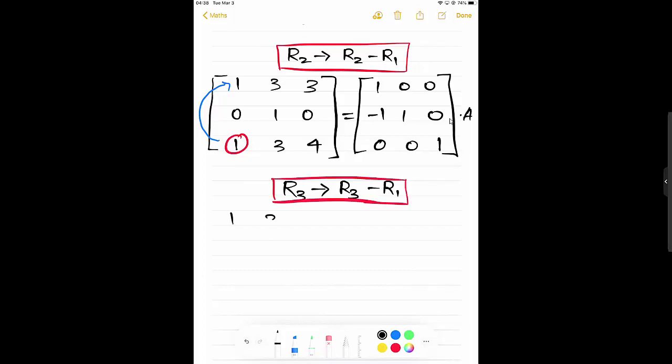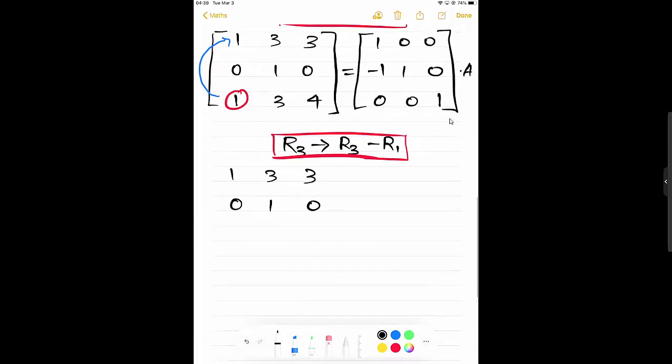The first row remains the same, second row remains the same. Then when we apply this particular R3 minus R1, which is nothing but 1 minus 1, 3 minus 3, 4 minus 3, the value will be 1 minus 1 is 0, 3 minus 3 is 0, 4 minus 3 is 1.